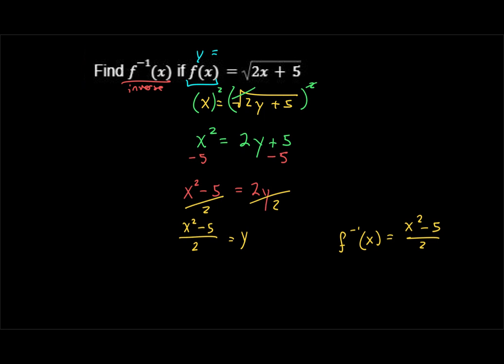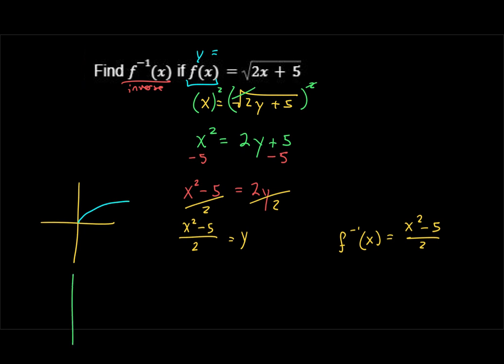Now there's also something else we have to consider. This is a square root function. So square root functions, we have to consider its domain and range as well. So a square root function doesn't exist everywhere. So we have to impose restrictions on the domain of this quadratic, because a square root function only contains like this part of the parabola.